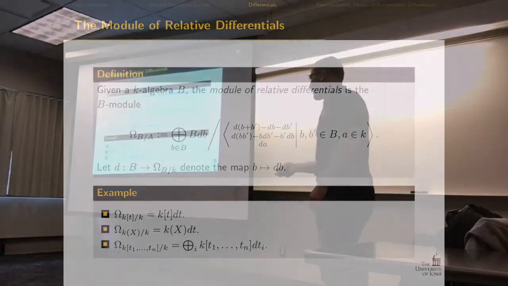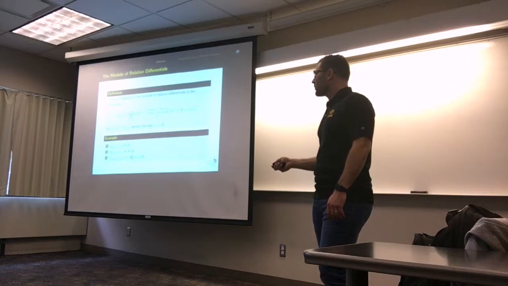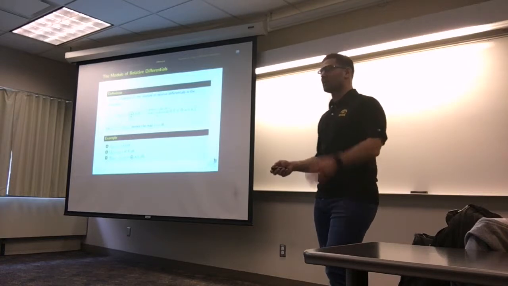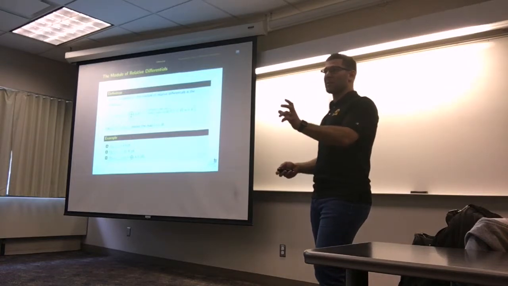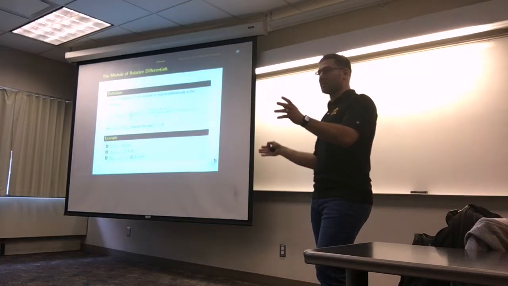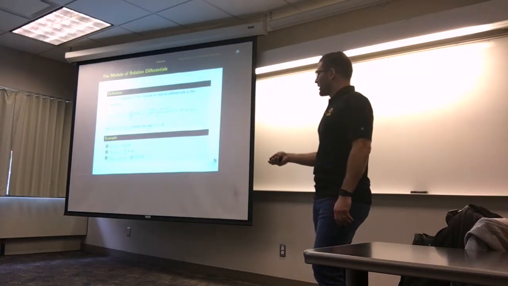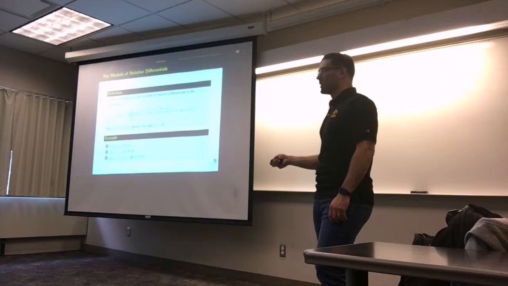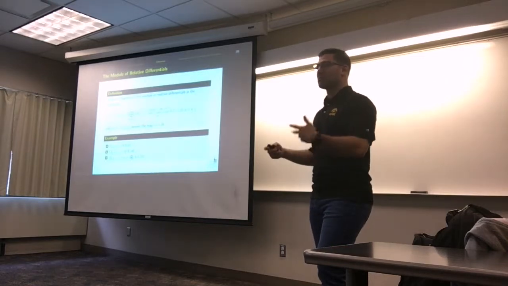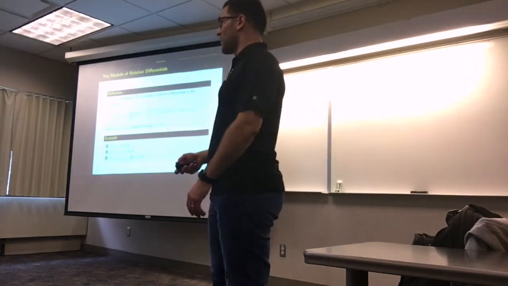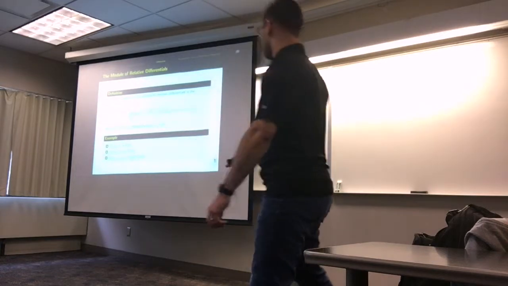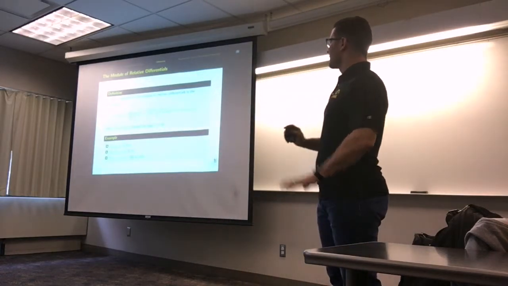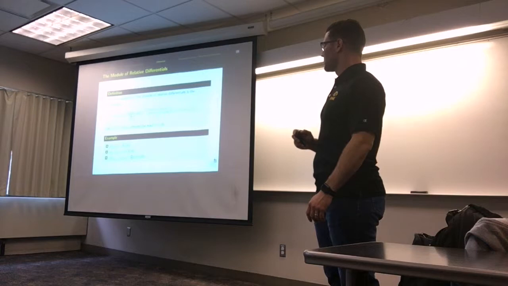Now I didn't put it up here, but if you look at the K-algebra that is a polynomial ring in finitely many variables, and quotient out by some ideal, then it's this exact thing modulo some relations that depend on the ideal. Okay. So this is what the module of relative differentials is for a K-algebra.